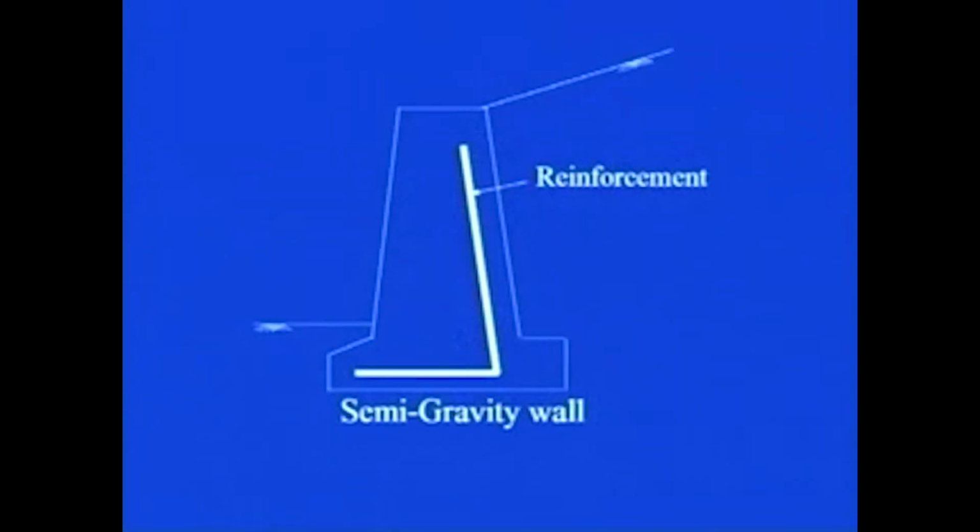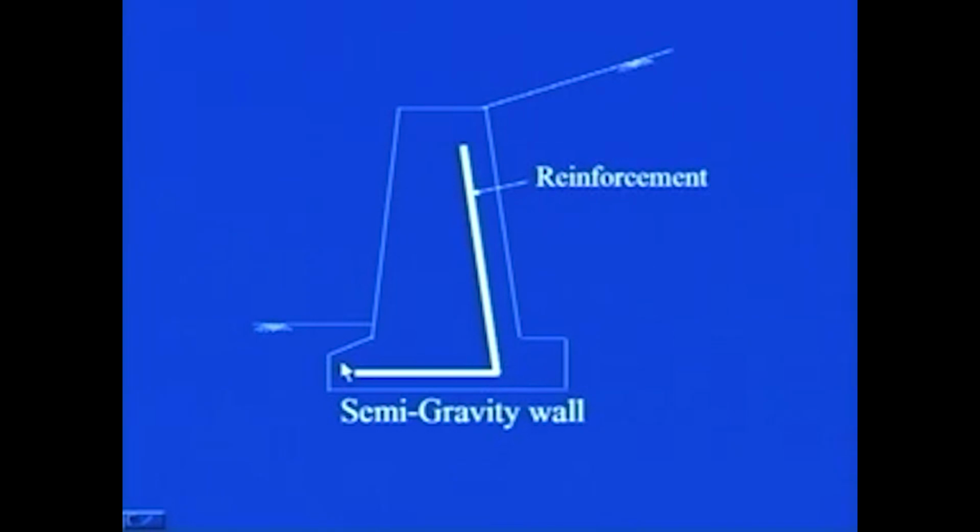Now, how to improve upon this gravity retaining wall? For that, we introduce some reinforcement in the gravity retaining wall, and we call that a semi gravity wall. All the things remaining same, you see here this is backfill, here again the soil, and the reinforcement is placed during construction.